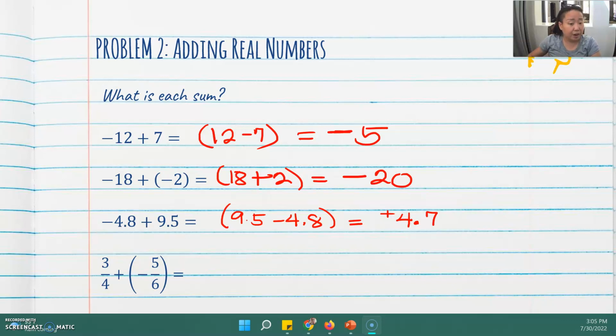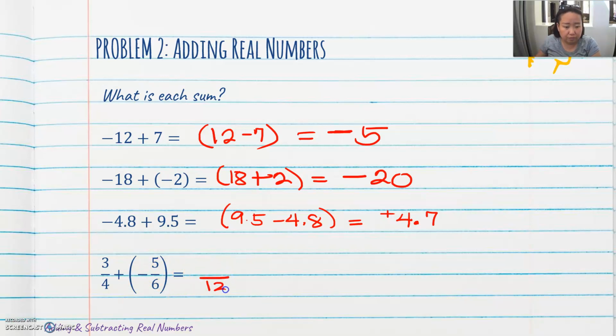Why? Because it's a fraction. All right. So what we do is first, because they have different denominators, we have to make them the same denominator. Between 4 and 6, the LCD will be 12. So we can make them both 12.